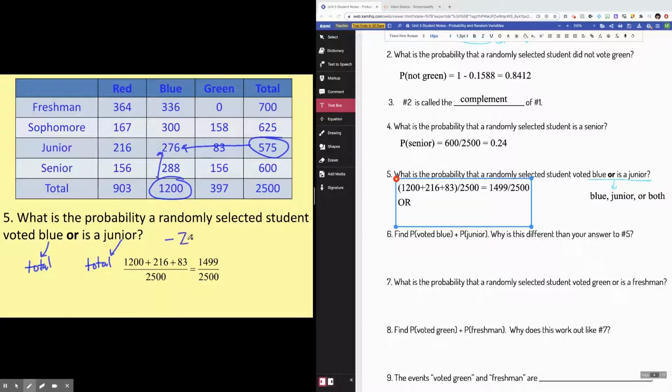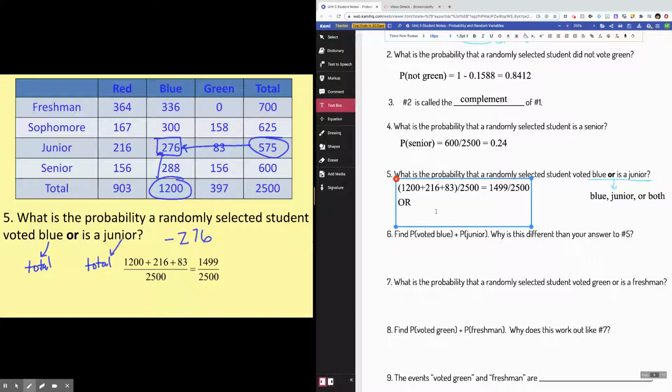Okay, here's why. If you just add the 1,200 and the 575, you have counted these people twice. You counted them once when you added all the juniors together, and again when you added all the blues together, right? So we don't want those people to be counted twice. So we have to subtract one of them out.